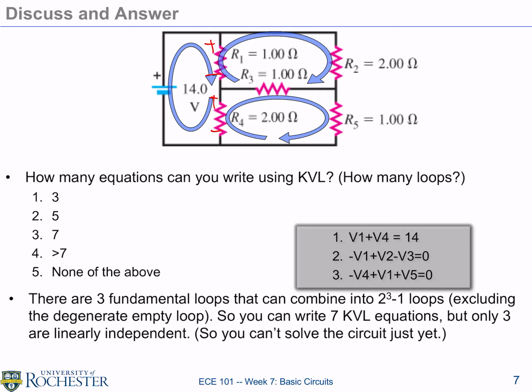I have 5. I want to know the voltage across each of the 5 resistors. So 3 equations, 5 unknowns. This is not fully constrained. You have an infinite number of solutions. There are so many different ways the circuit can work that will not violate KVL, Kirchhoff's voltage law.